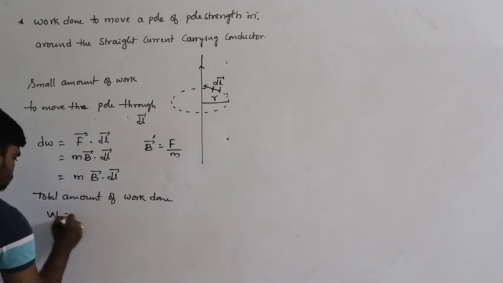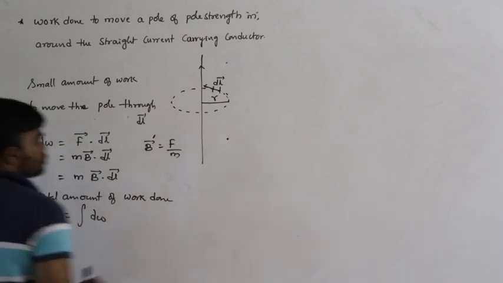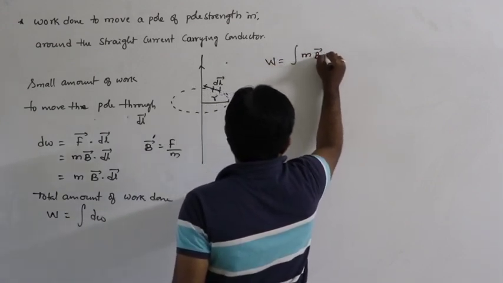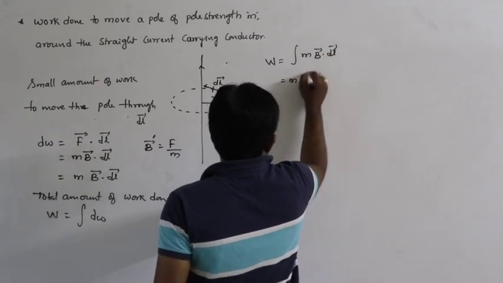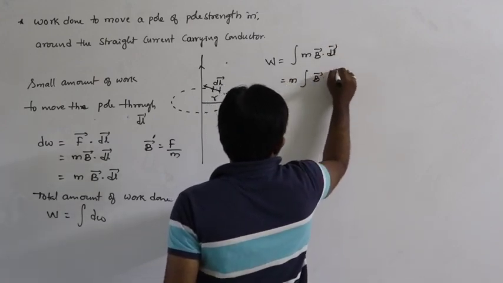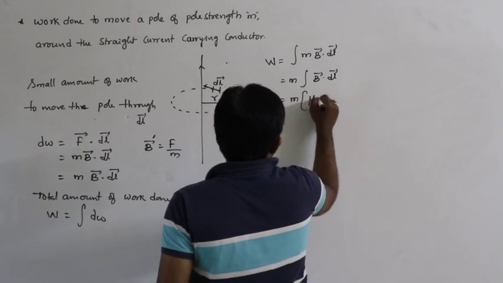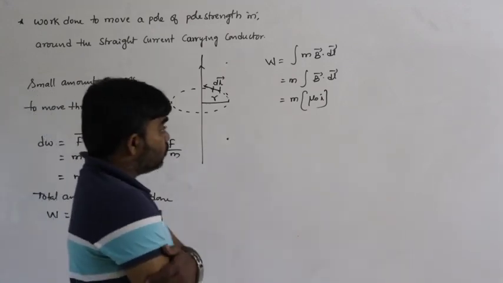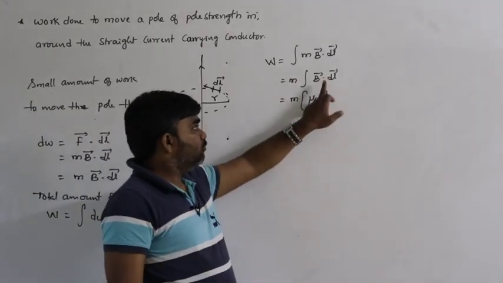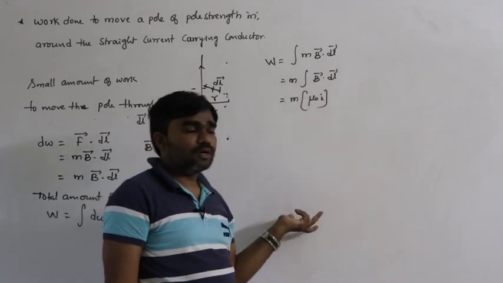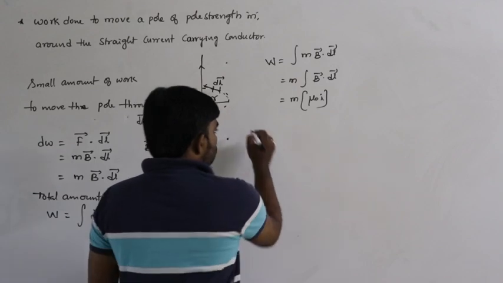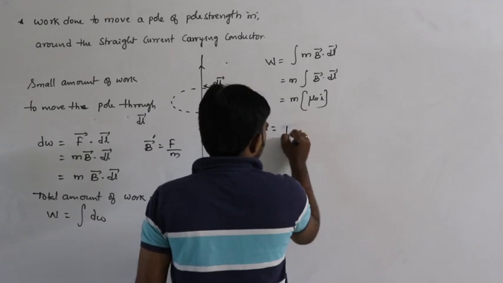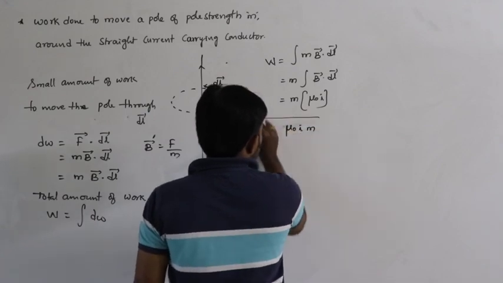So W is equal to integral of dw. Therefore W is equal to integral of m into B bar dot dl bar, so m into integral of B bar dot dl bar. According to Ampere's circuital law, integral of B bar dot dl bar is equal to mu naught I. So that is m into mu naught I. Therefore, work done is equal to mu naught I m.